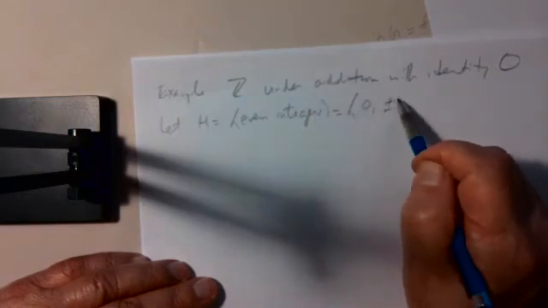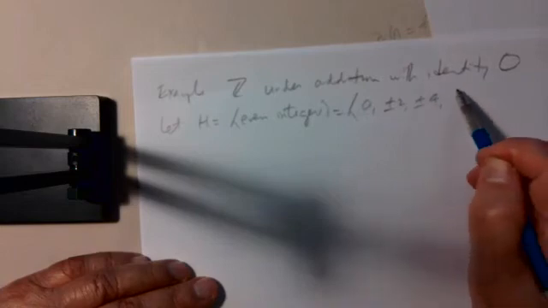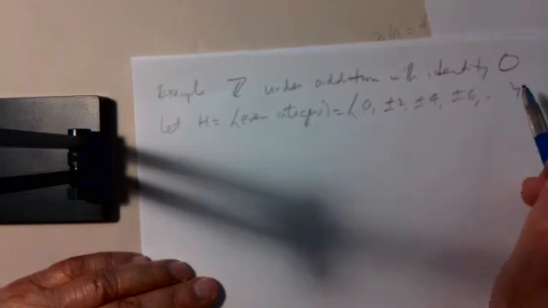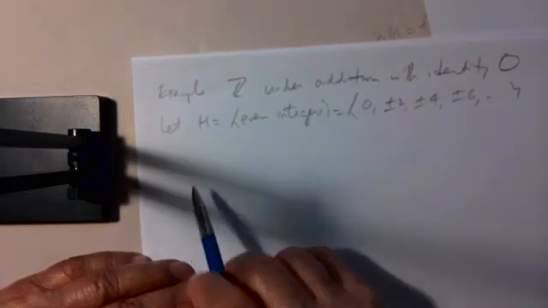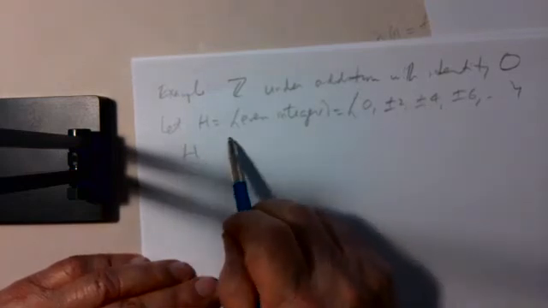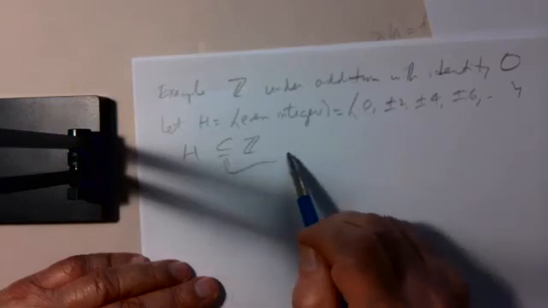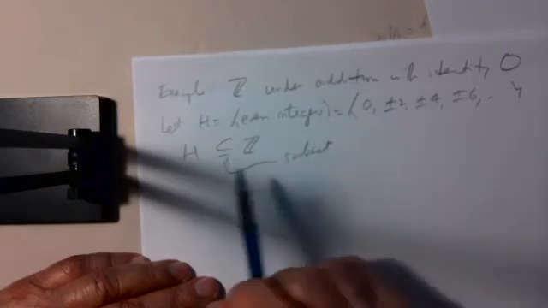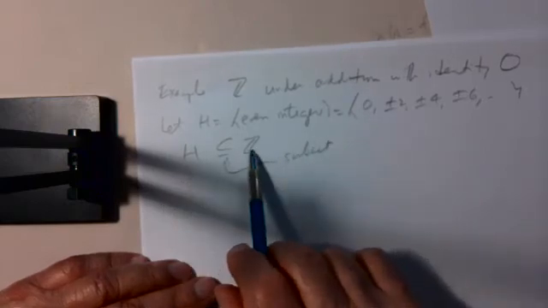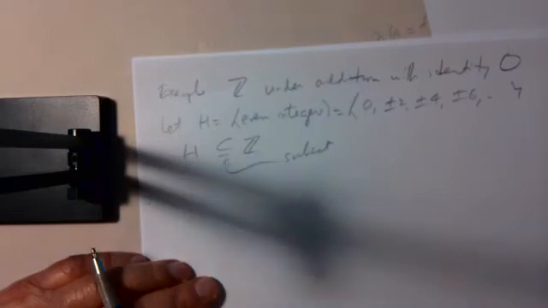So that's 0, plus or minus 2, plus or minus 4, plus or minus 6, and so forth. So H is a subset of Z. This means subset. Every element in here is in here. Every even integer is an integer, right?